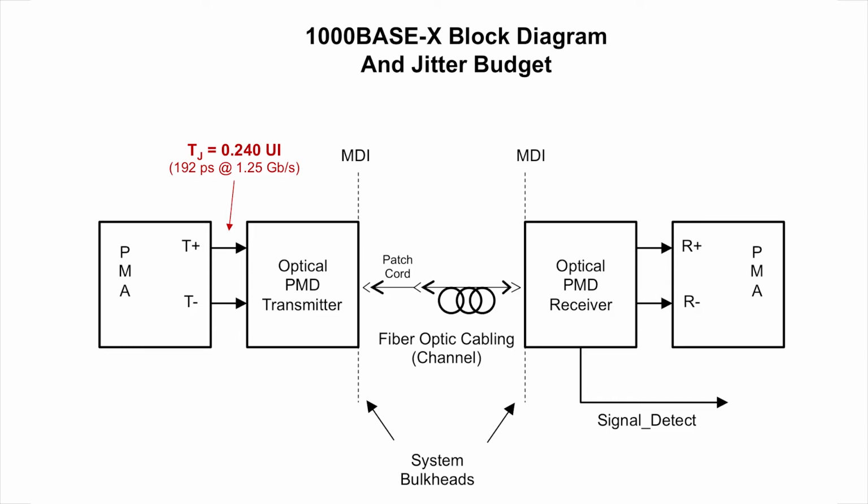At 1.25 gigabits per second, that is 192 picoseconds. In other words, at the output of the IC, the jitter cannot exceed 0.24 UI. Now as we move across the channel, we see that at point 4, the TJ is 0.749 UI, or 599 picoseconds. This is the jitter seen by the receiver.